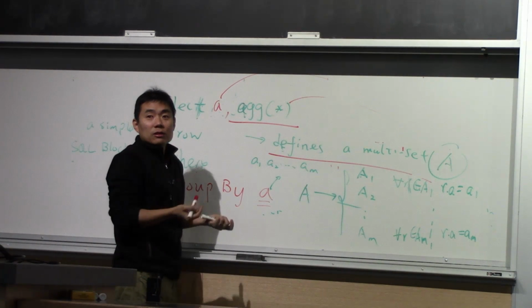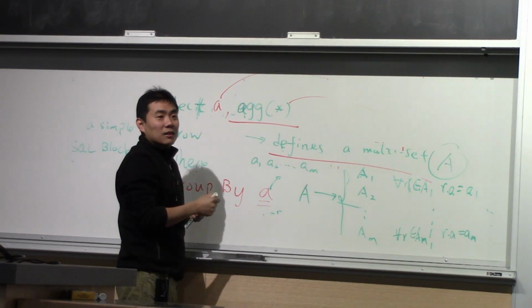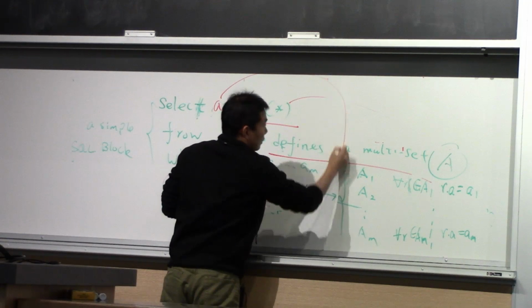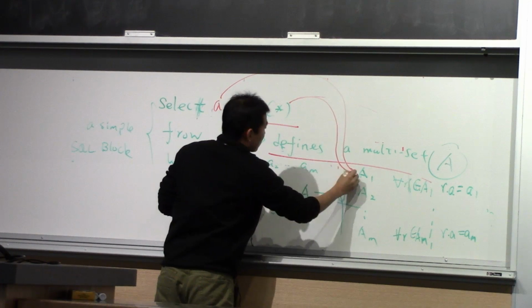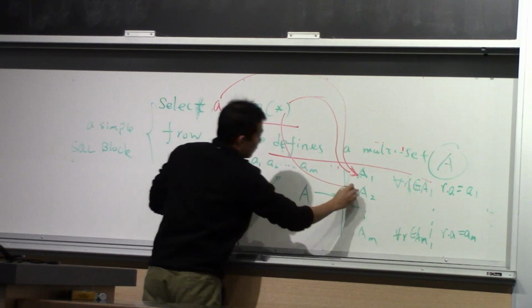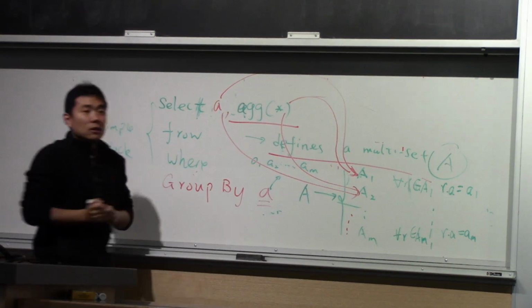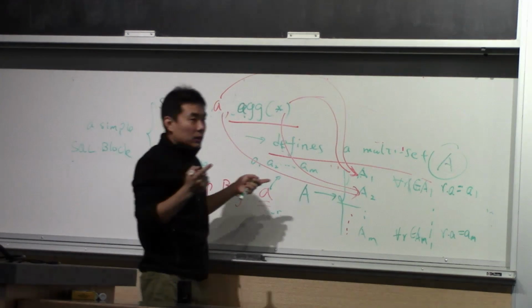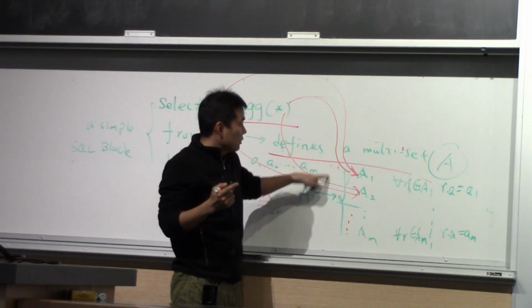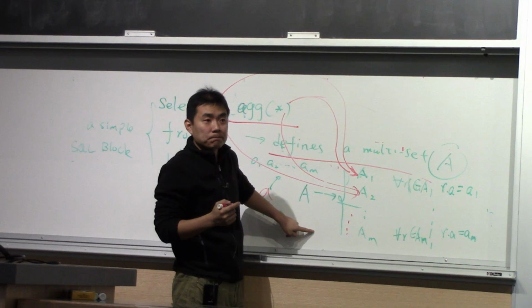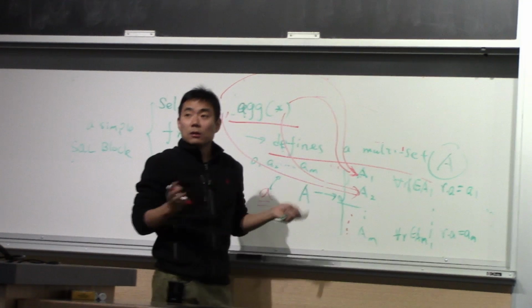Make a guess? Applying over the groups. Yeah, you apply this over each of the groups. So your final output is what? It's a set of records, one per group. That make sense?